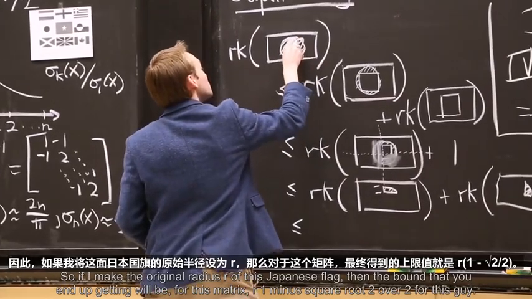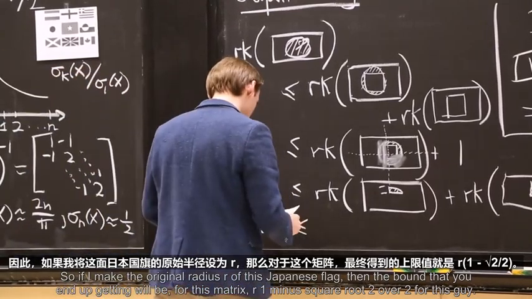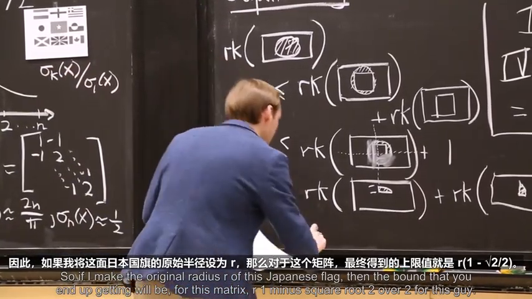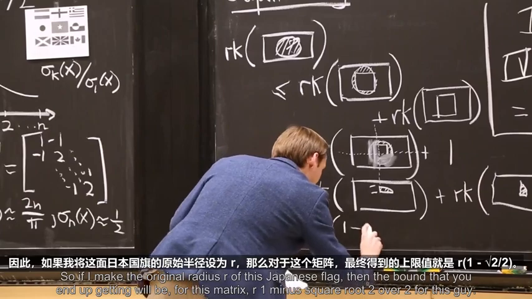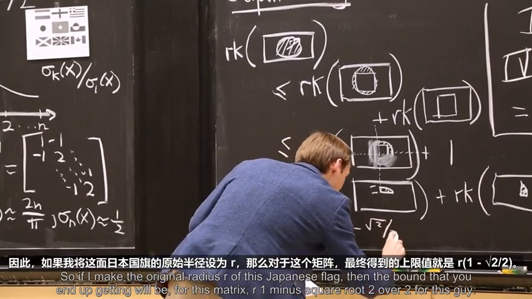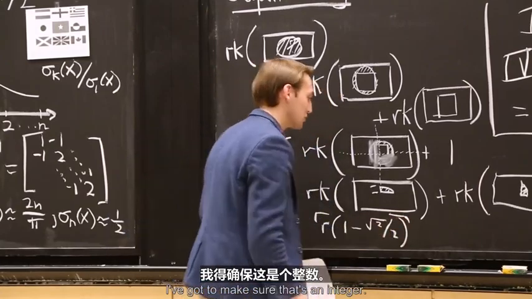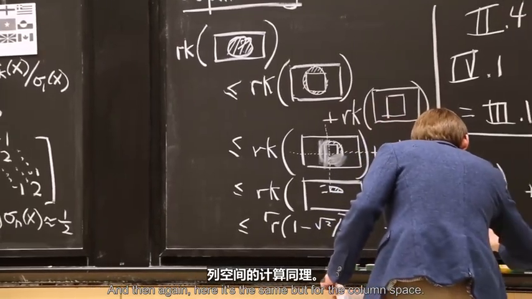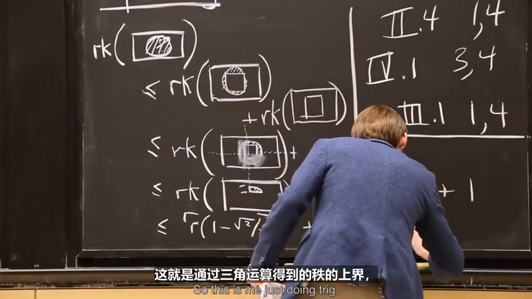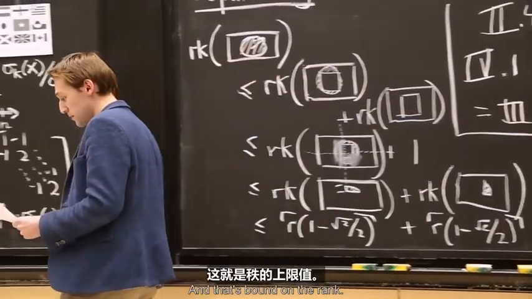So if I make the original radius r of this Japanese flag, then the bound that you end up getting will be, for this matrix, r times (1 minus square root 2 over 2) for this guy. It's a bit of trig. Better make sure that's an integer. And then again, here it's the same, but for the column space. So this is me just doing trig. Okay, and that's a bound on the rank.